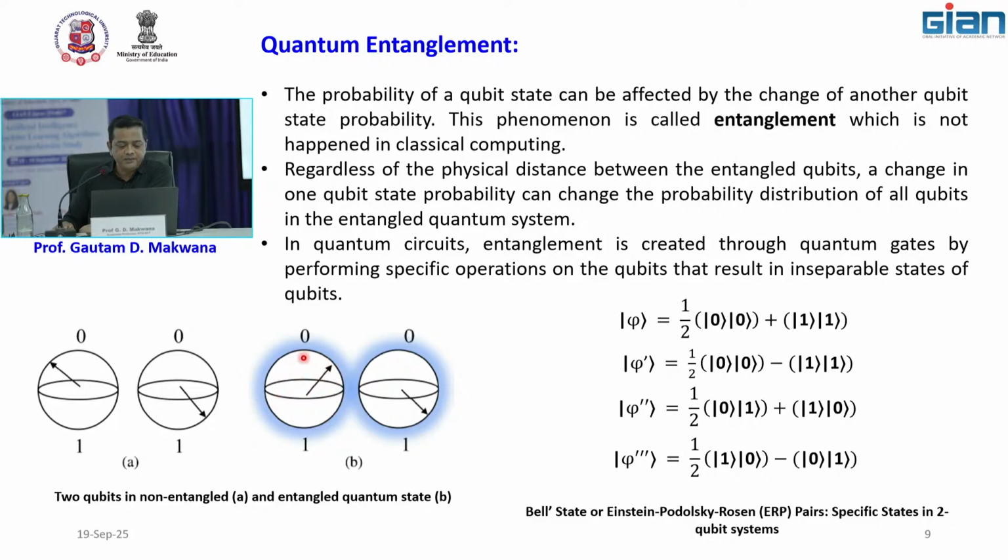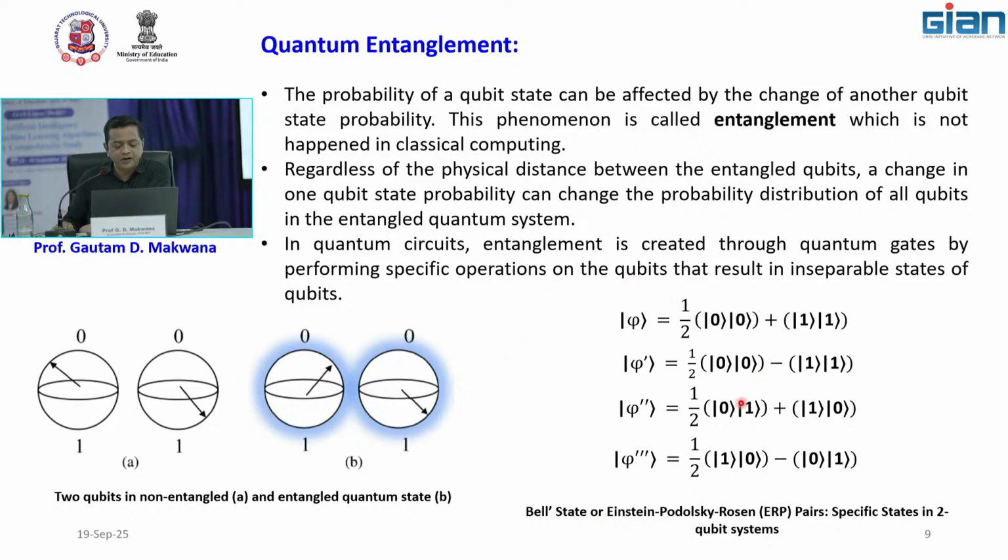If you change the probability of this state, it will change the state of this qubit too. So there is a dependency, and the change of probability of this state will change the state of this qubit also, and that is known as entanglement.